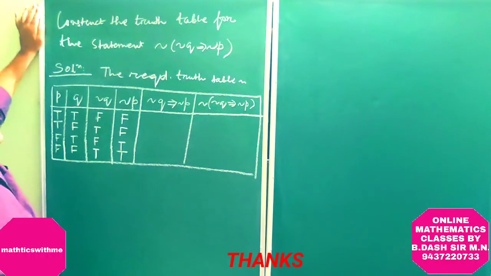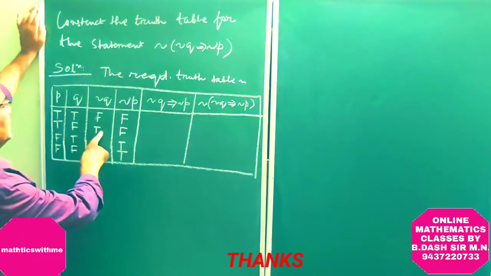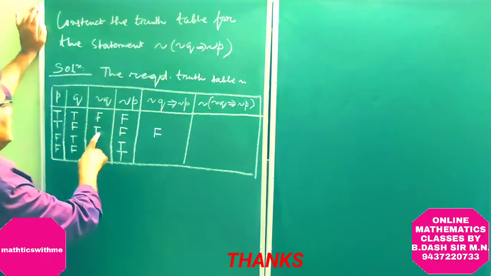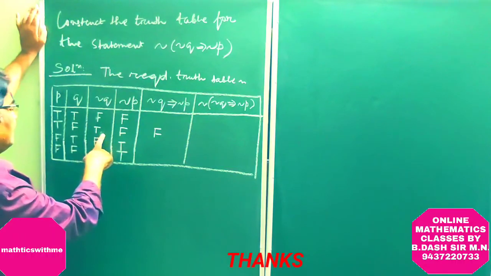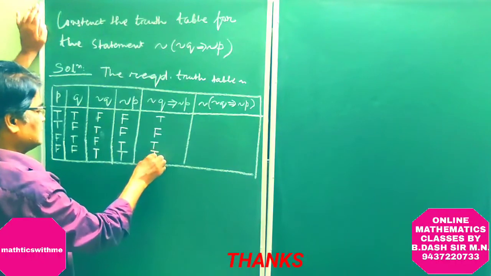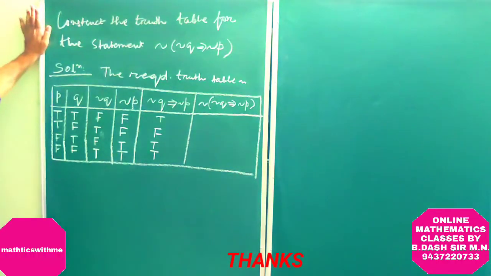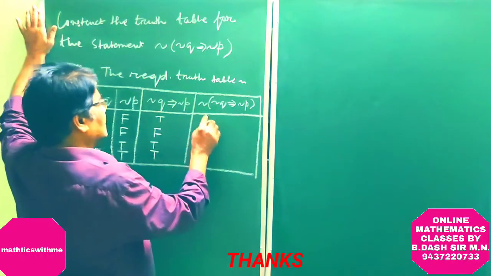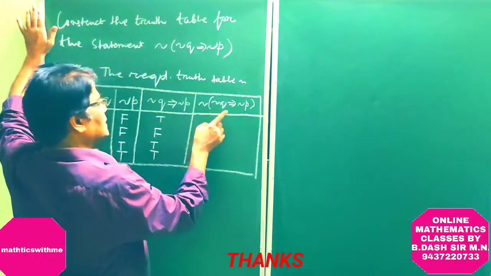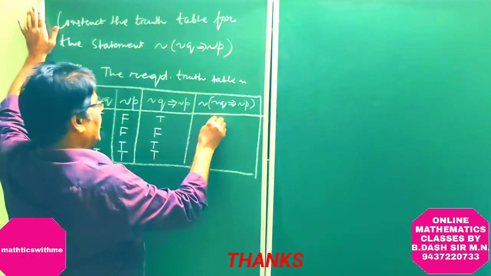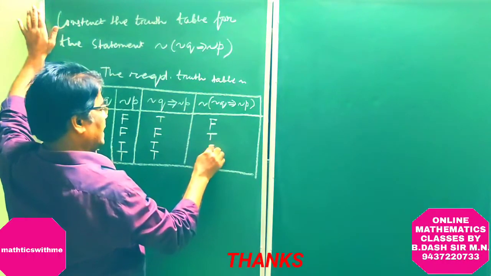Negation Q implies negation P is false in the TF case. So in the TF case, it will be false. It is false, and the other cases are true. Then the negation of this statement is F T F F.